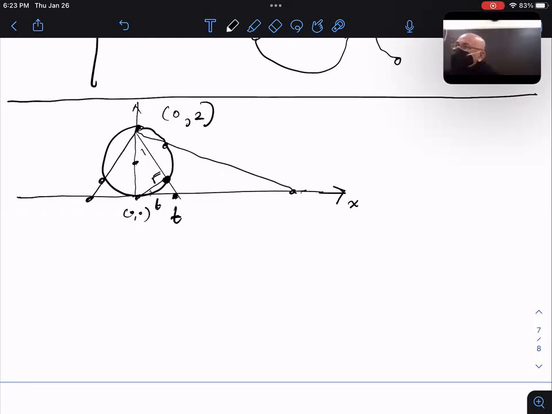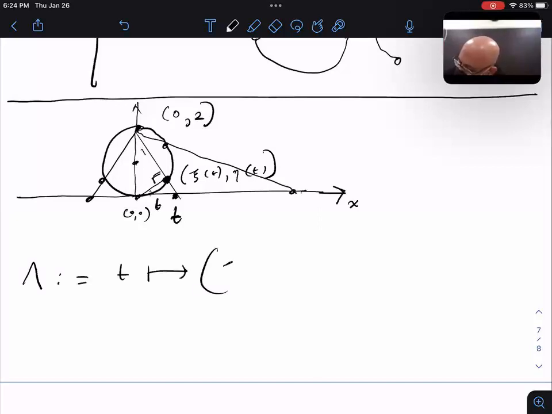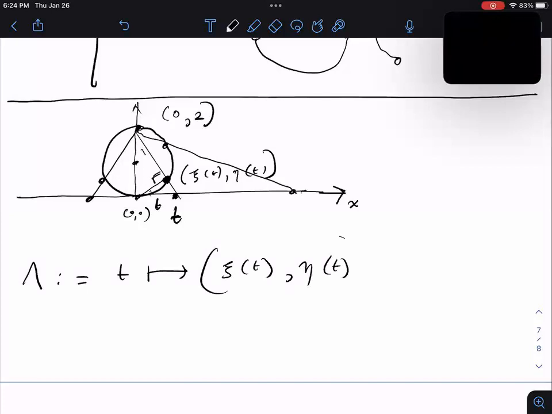Okay, this one you try to figure out by yourself. So if this point has coordinates, some function of t, so we call it c of t, eta of t, then lambda should be equal to t going to c of t, eta of t, from R to R2.